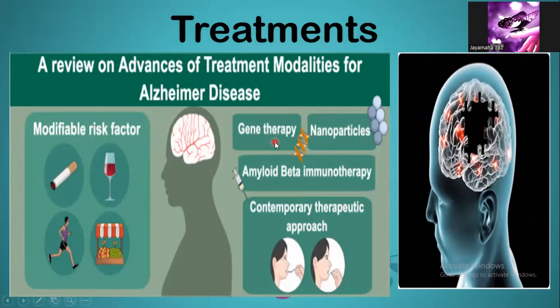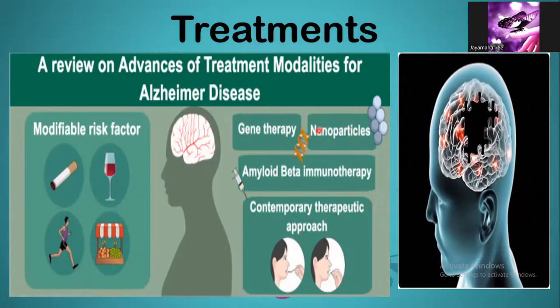In this slide, you can see it represents the advanced therapeutic strategies of Alzheimer's disease. They are gene therapy, nanoparticles, amyloid beta immunotherapy, as well as the contemporary therapeutic approach. According to this picture, the nanoparticles are targeted drugs that deliver into the affected brain area.